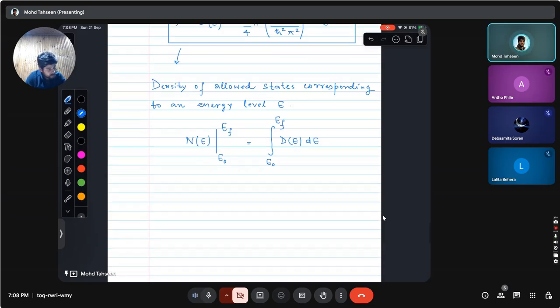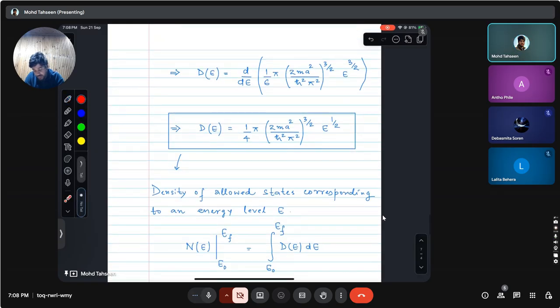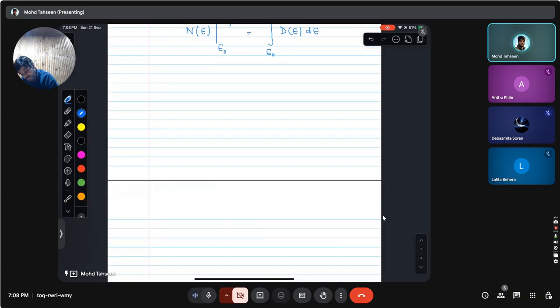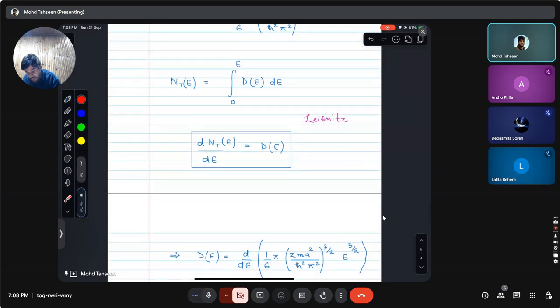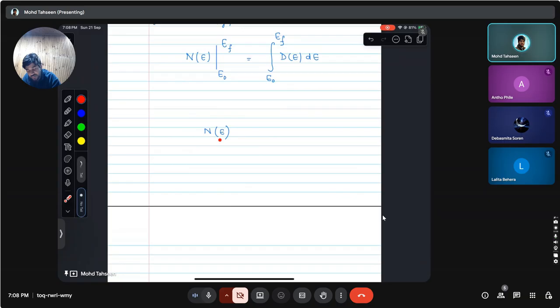Okay, and one interesting thing here is, from this equation we see that the density of allowed states is a parabolic function of the energy. Also, we earlier wrote that N_T is representing the total number of allowed states, and N of E is representing the number of filled states.